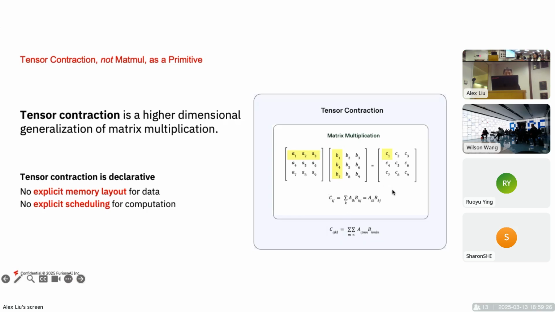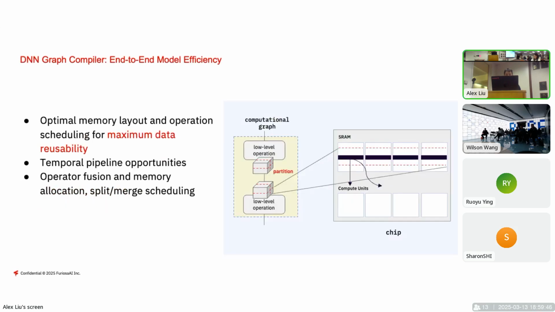The upper part is the traditional matrix multiplication, and we are using the so-called Einstein summation notation method. So we all follow the same very elegant way to handle all the AI workloads. And because we are using the declarative way, there can be numerous ways to compute the same output.